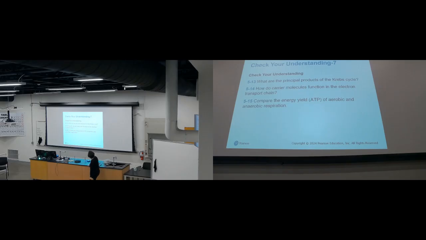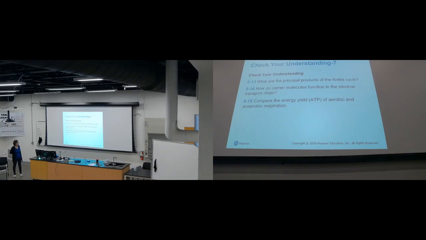Okay, so what are the main products of the Krebs cycle? NADH, FADH2, and ATP, as well as carbon dioxide as waste. And then how do carrier molecules function in the electron transport chain? What do they transfer?